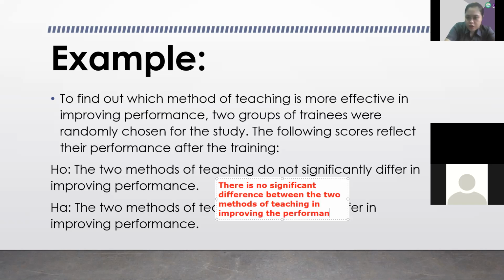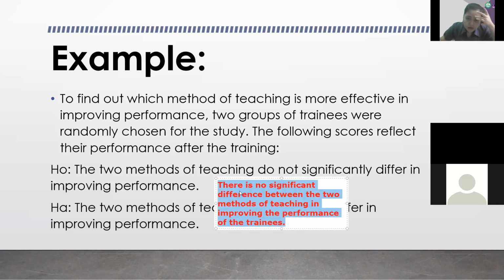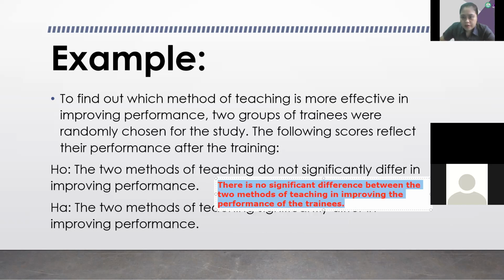Pwede mo din siyang dagdagan para complete sentence, improving the performance of the trainees. Okay, so pwedeng ganyan. Kopihin ko siya. Tanggalin ko lang yung no later. Okay. So, pwede siyang ganito pagka-state.